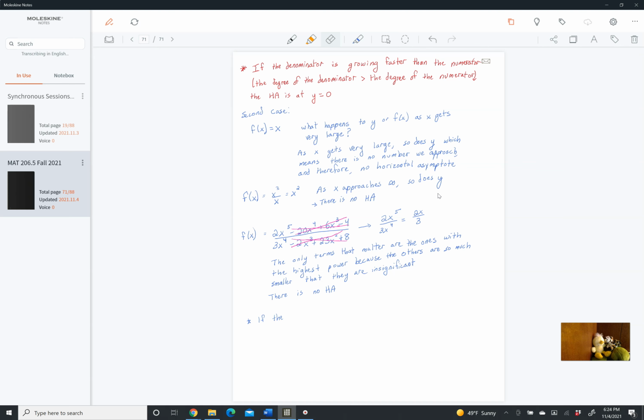If the numerator is growing faster than the denominator, which is the same thing as saying the degree of the numerator is greater than the degree of the denominator, the highest exponent.